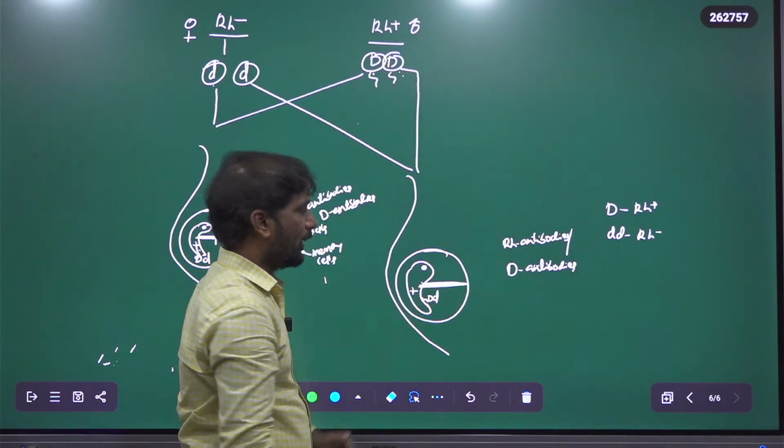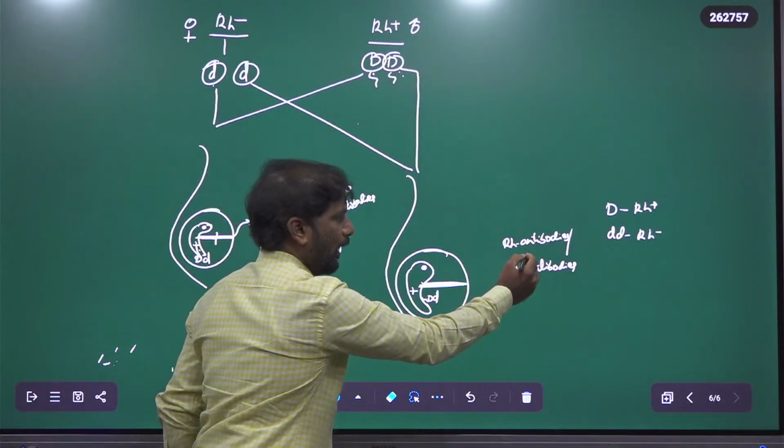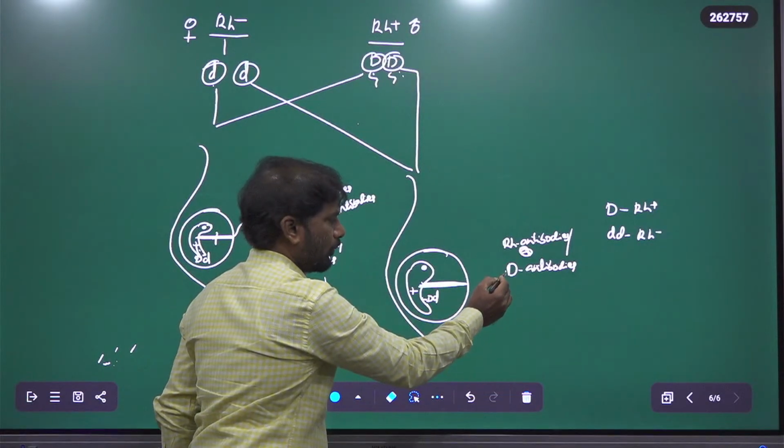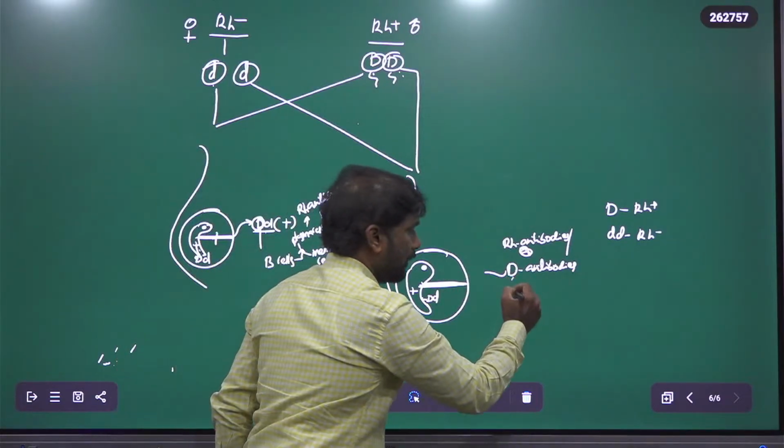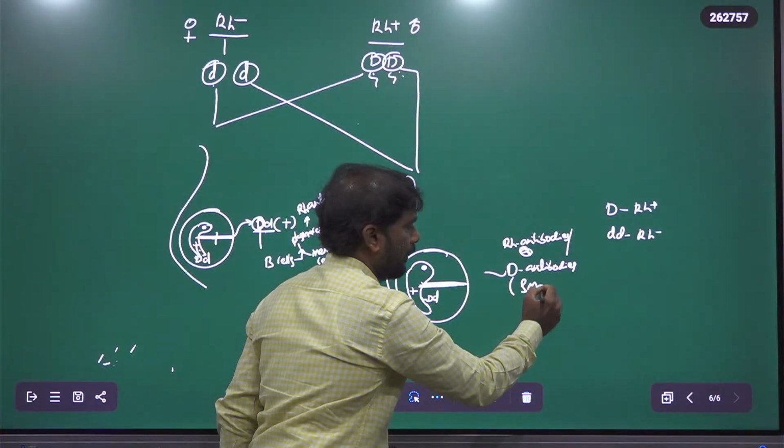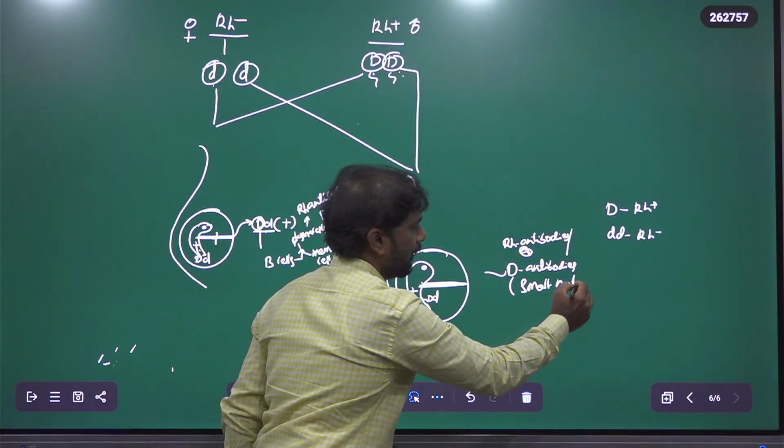Now these D antibodies, or Rh antibodies, travel through the blood circulation. These D antibodies are small in nature.